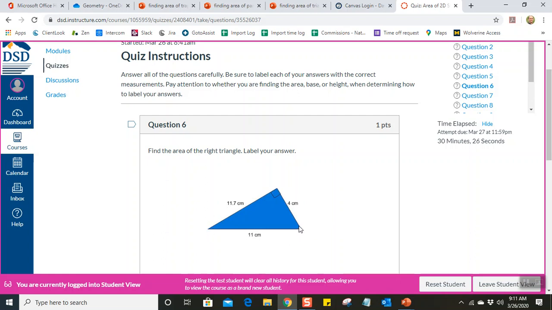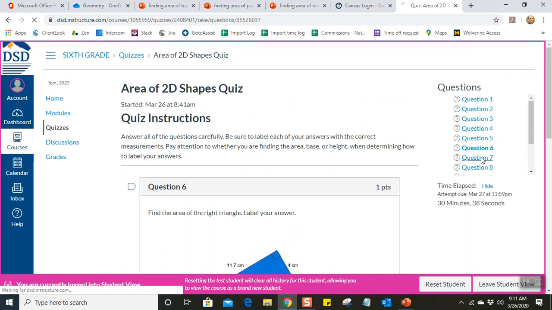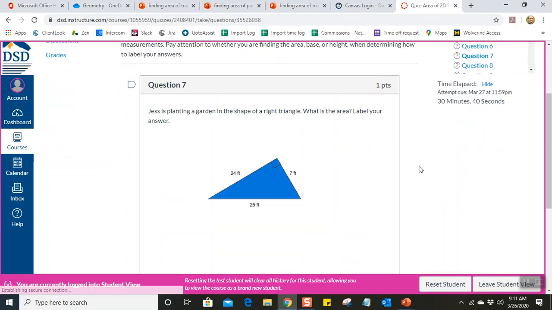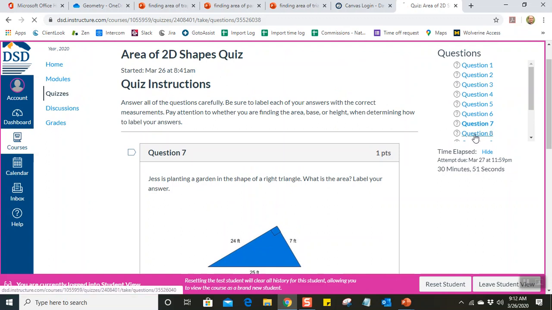So you need to look for the two that are perpendicular to each other. This little box right here is a good signal of what the two perpendicular ones are. So here's the base, here's the height. And remember, it's divided by 2 once you multiply. Question 7, another right triangle. So this one is the same triangle as before with new numbers. Base, height, divide by 2 after you multiply.